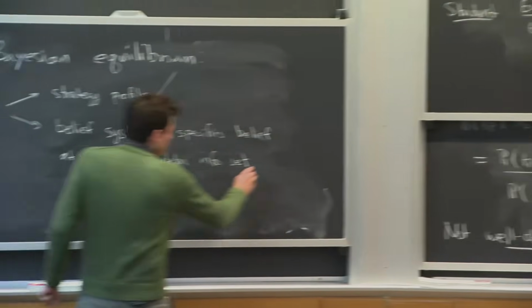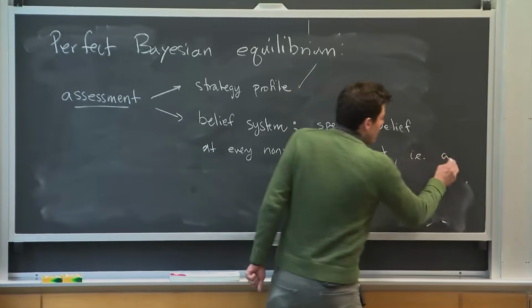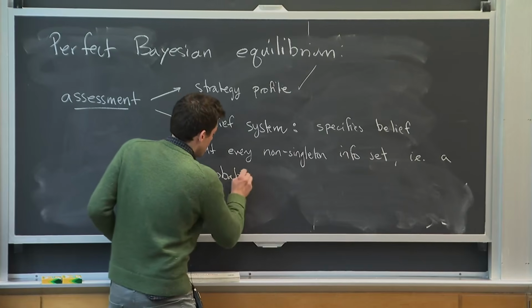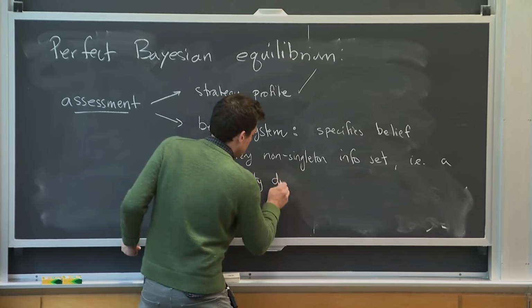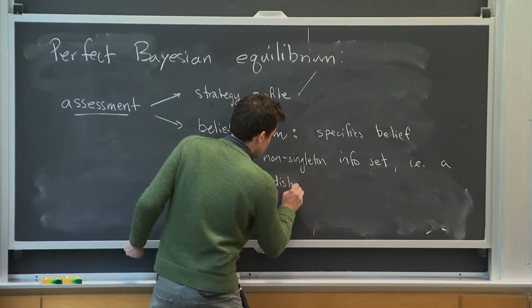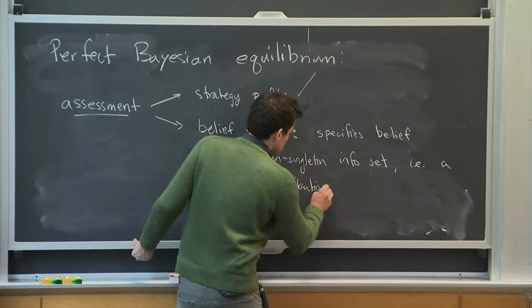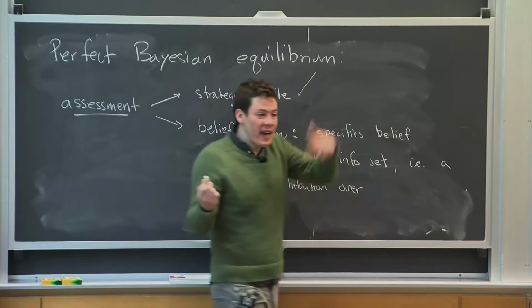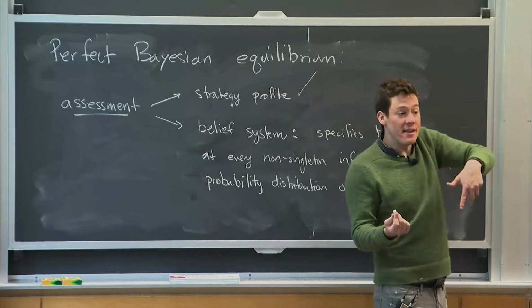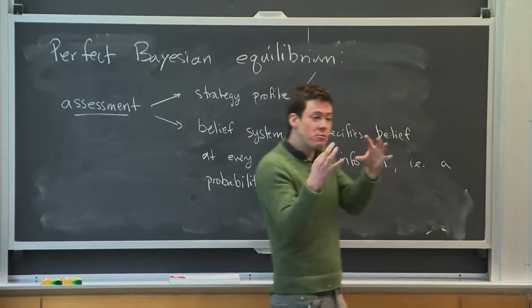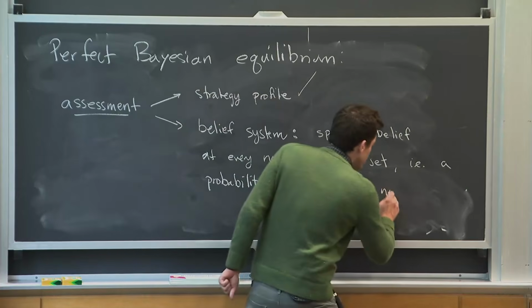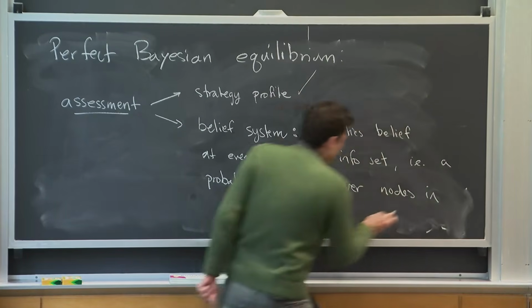So a belief at every non-singleton information set, i.e., a probability distribution over, well, it can't be over all nodes. I certainly can't assign positive probability to nodes that are not in that information set. It's only a distribution over the nodes that are within that information set.